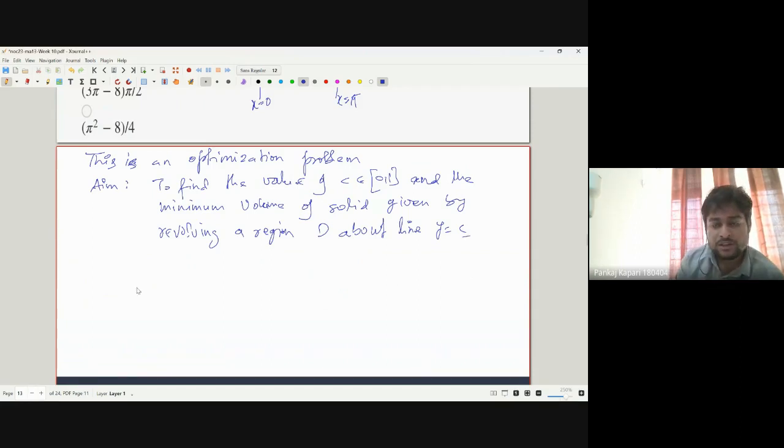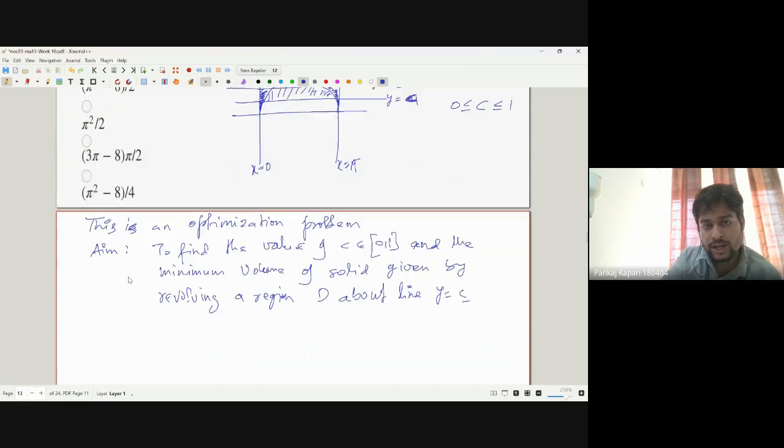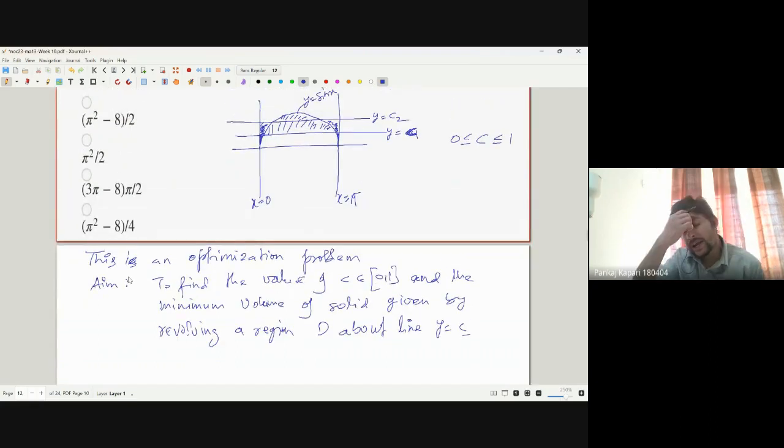To find this volume, again we have to use the slice method, and because these lines of revolution are parallel to the x-axis, you have to take slices which are perpendicular to the axis of revolution. The axes of revolution are these y equal to constant lines.